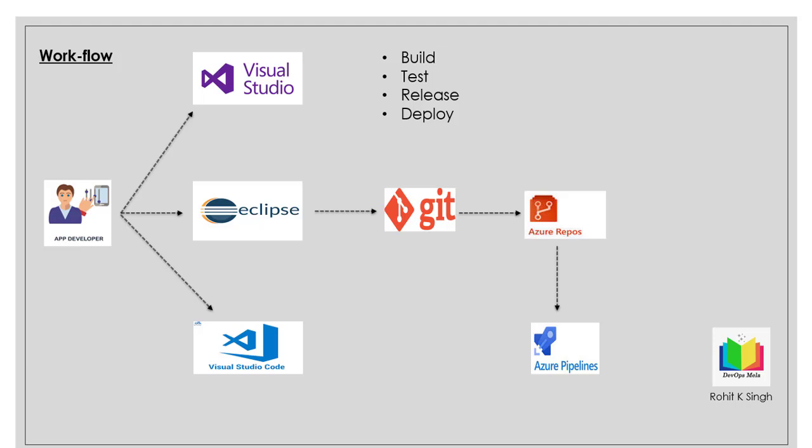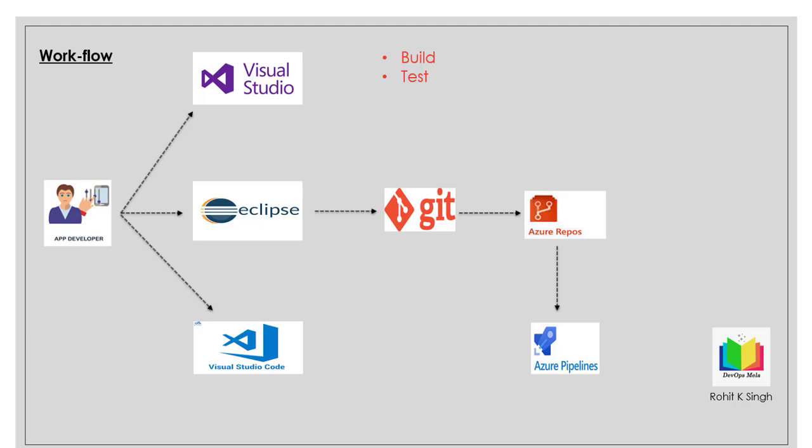You will have your build, your test, your release, your deploy. Over here we are just talking about build and test, because we are talking about continuous integration. So there is no release and deploy. Release and deploy will be in your continuous delivery or continuous deployment, whichever model you are selecting. For now, focus on integration.